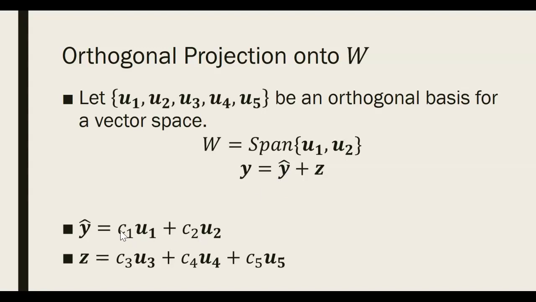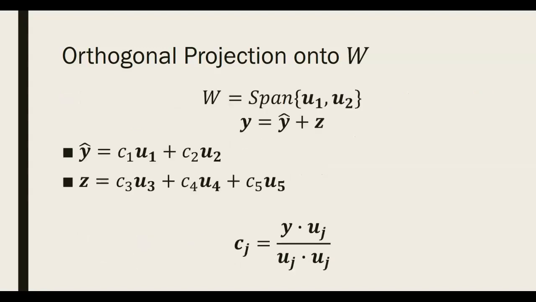Now, notice we have a C1, a C2. It's pretty clear to see that if I force y hat to be a linear combination of U1 and U2, then we're going to get those coefficients just like we did when we projected onto u.